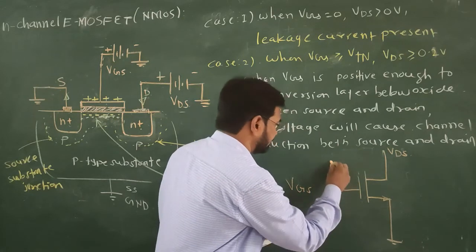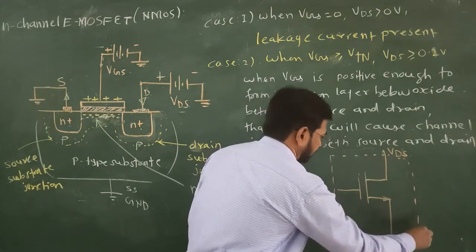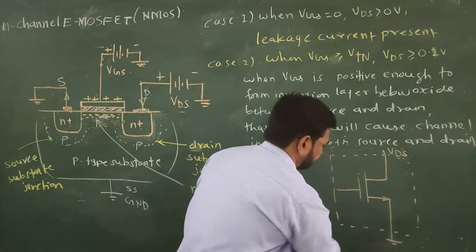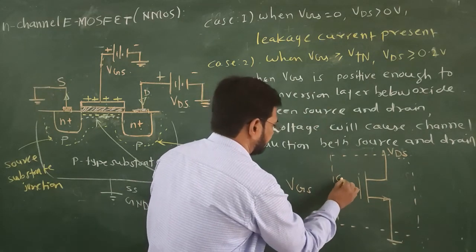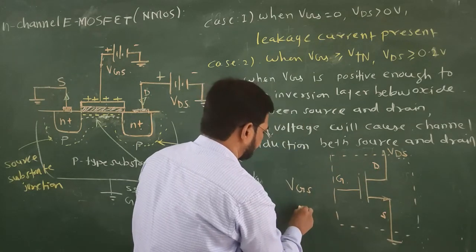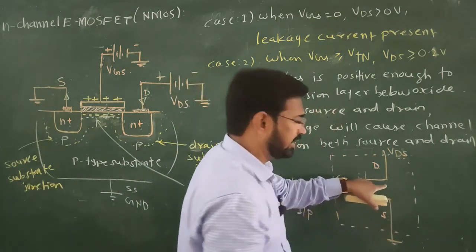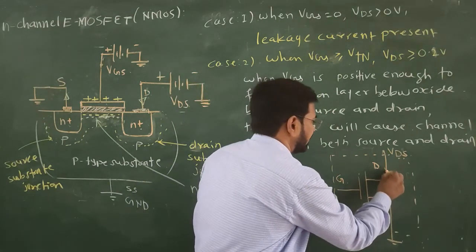Now, VGS is the input quantity, and what is the quantity to be controlled here? It is ID.